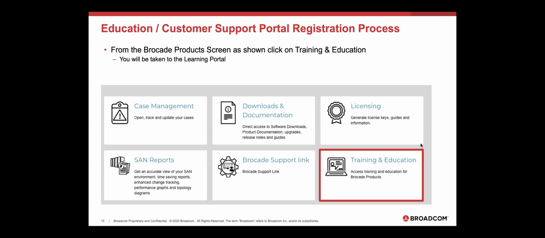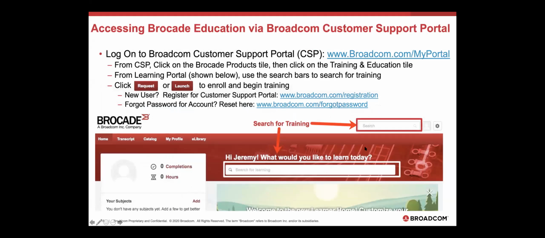SAN reports. This is the link to get SAN Health reports. If you are using SAN Health, this is the right place where you can get these reports for your SAN infrastructure.